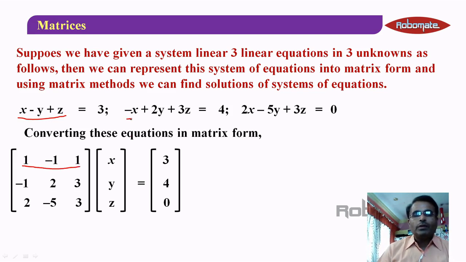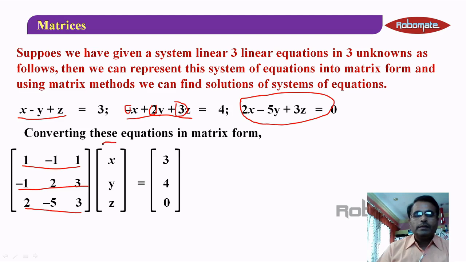In the second equation, the coefficients are minus 1, 2, and 3 respectively for x, y, z. So minus 1, 2, 3 come as the second row. In the third equation, the variables have coefficients 2, minus 5, 3. So you will observe that the third row is 2, minus 5, 3.